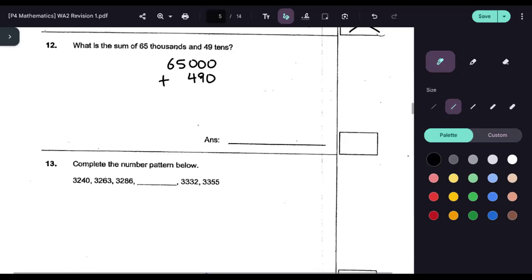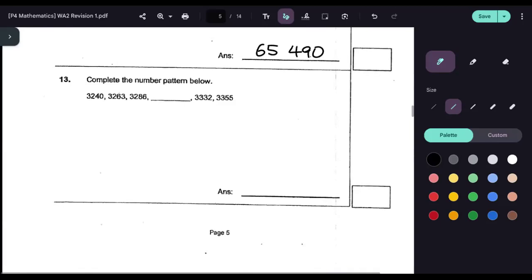Okay, let me check whether it is correct or not. Yes, it's correct. So answer will be 65490, like that. Okay, can. Alright, let's go on to the next one.